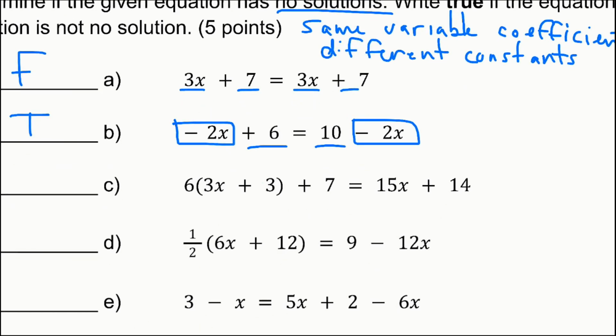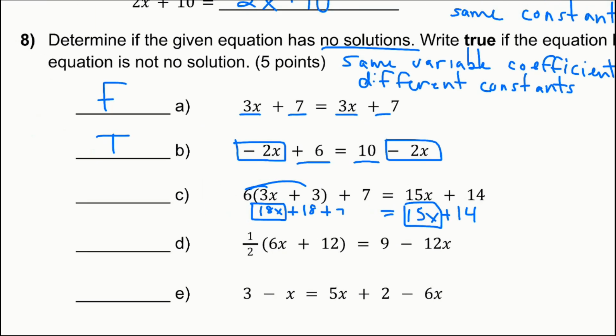So 6 times 3x and 6 times 3, so this is 18x plus 18 plus 7 equals the 15x plus 14. 18 plus 7. Oh, actually, this isn't even really going to matter at this point because our variable terms are not the same.